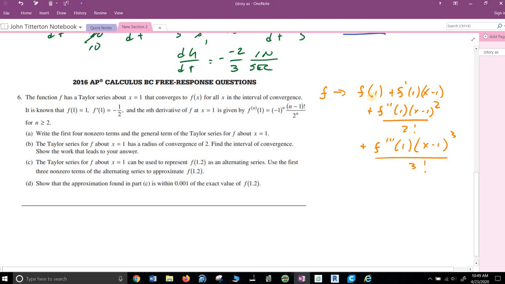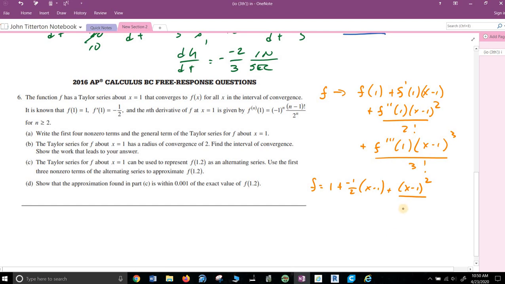So they give us f of 1 equals 1, plus f prime is negative 1/2 times x minus 1, plus the second derivative. Now we got to go to this weird little formula, plug in 2, negative 1 squared by 2 minus 1 factorial is just 1 over 2 to the second. So we're looking at x minus 1 squared over 2 factorial times 2 to the second.